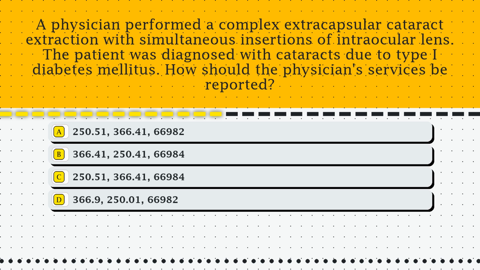Option B, 366.41, 250.41, 66,984. Option C, 250.51, 366.41, 66,984. Option D, 366.9, 250.01, 66,982.